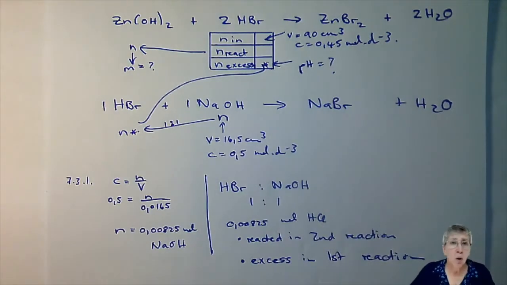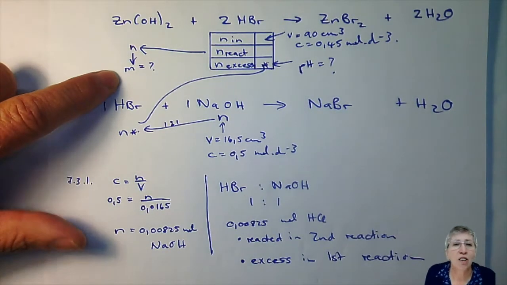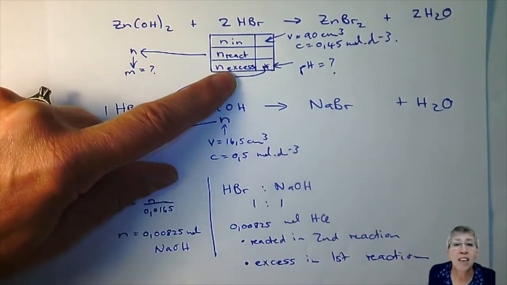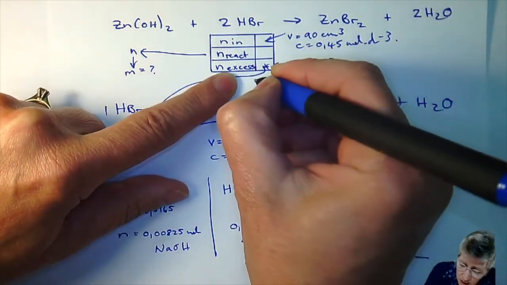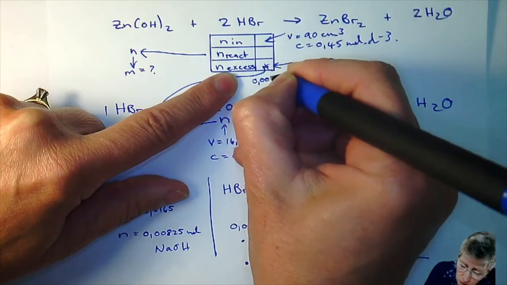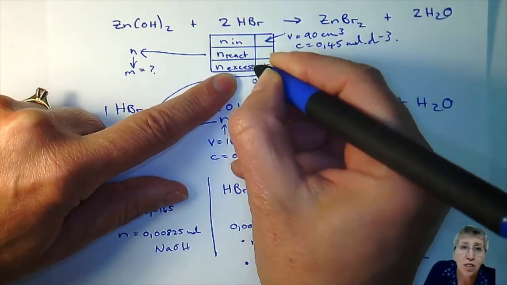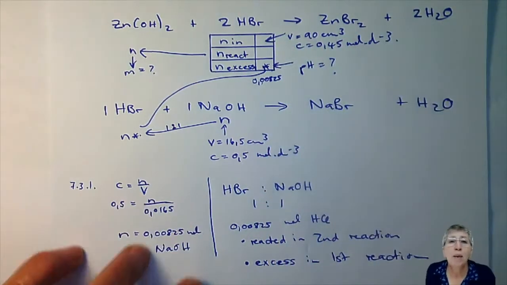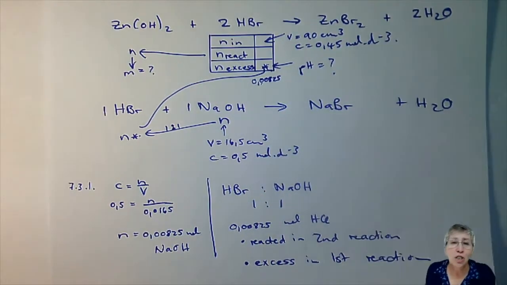Right, next we are asked to work out that mass. So now I've already worked out that excess down there. Let's write it down there, 0.00825 moles is in excess, right? Now I need to know how many moles were put into the solution.